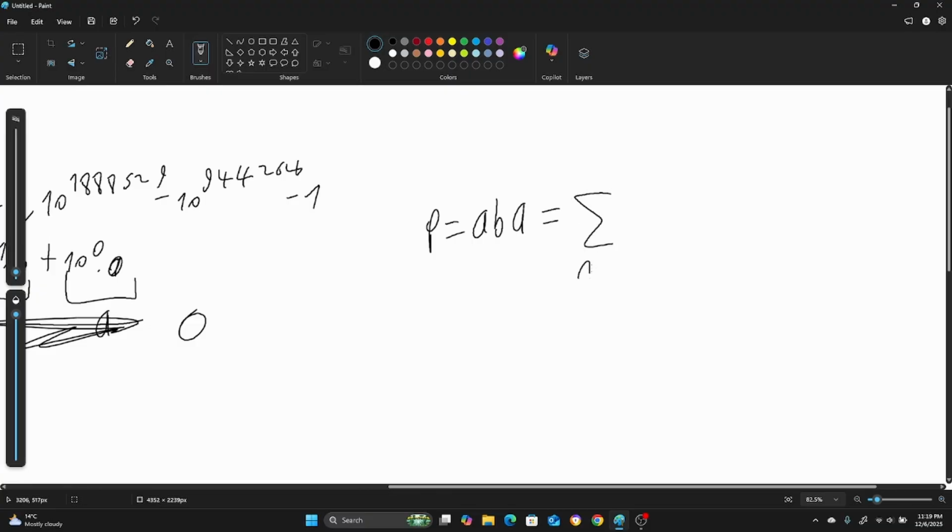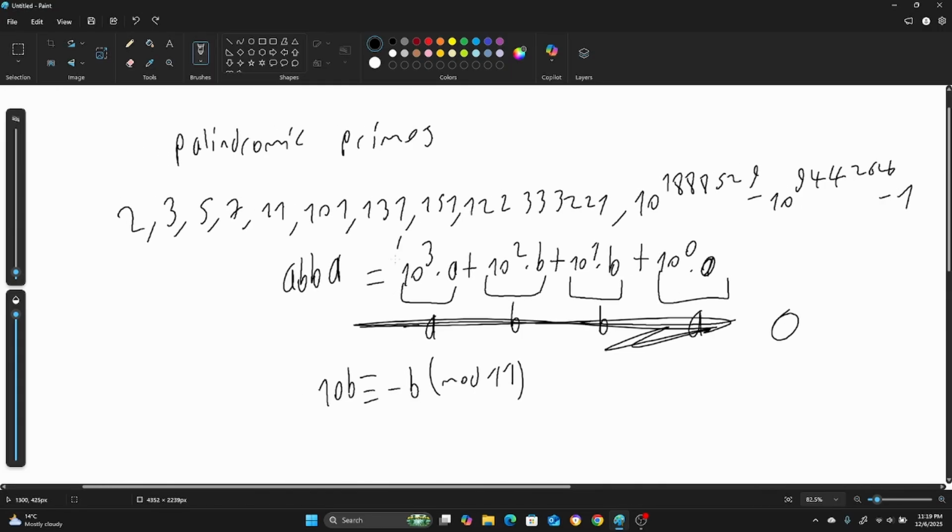We can write this as the sum from n equals 0 to m minus 1 of 10 to the n times e_n. So what is m? m is the amount of digits that we have. In this case, it's gonna be 3, so we go from n equals 0 to 2. We have 10 to the n, which we already wrote in here.